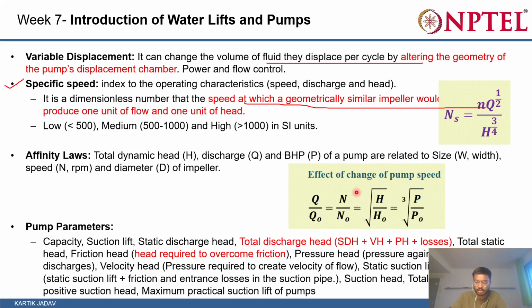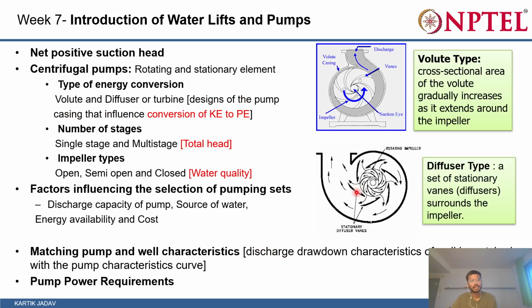I'm not going into detail on that part as we are going to solve this kind of question in the question and answer session, so I'm skipping it right now. After that we talked about net positive suction head. It is a very fundamental concept to avoid cavitation.